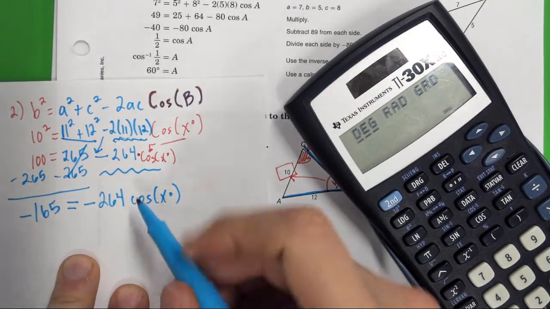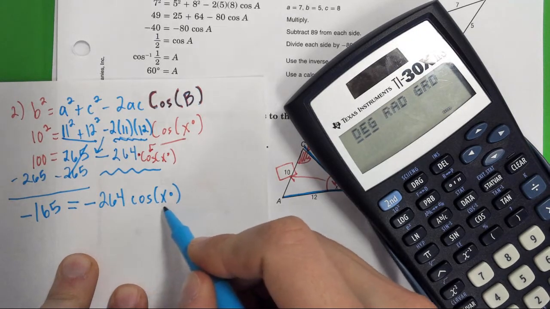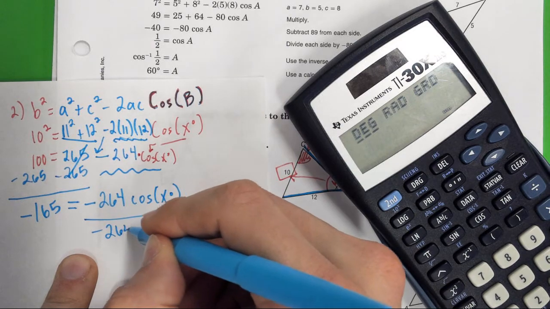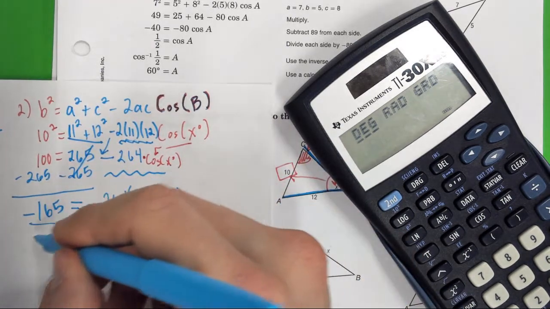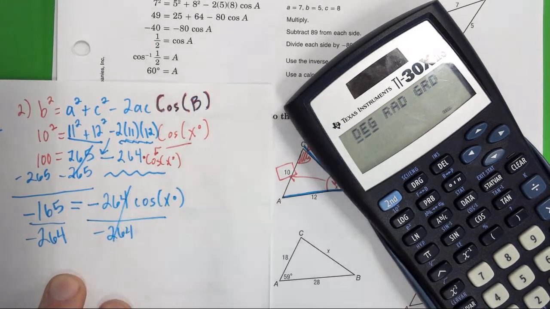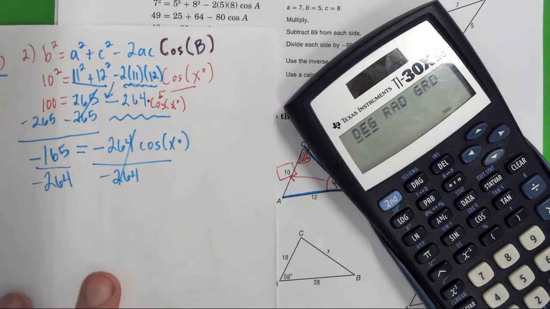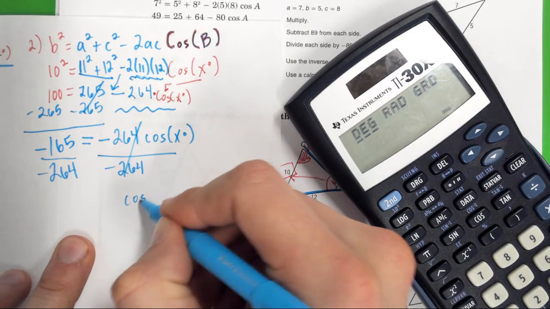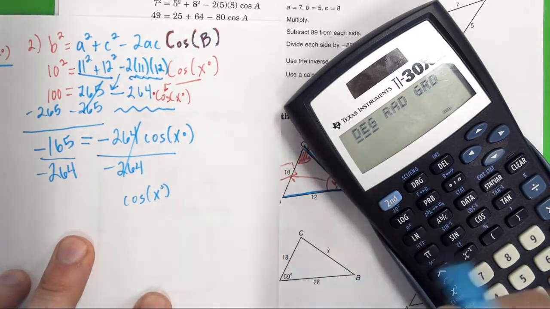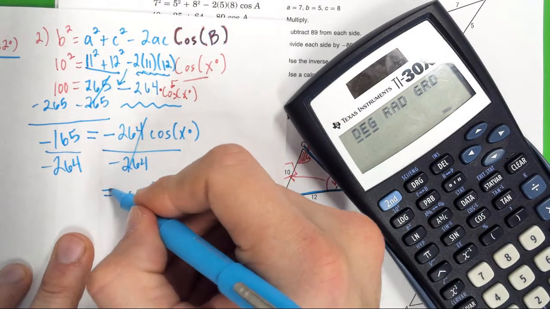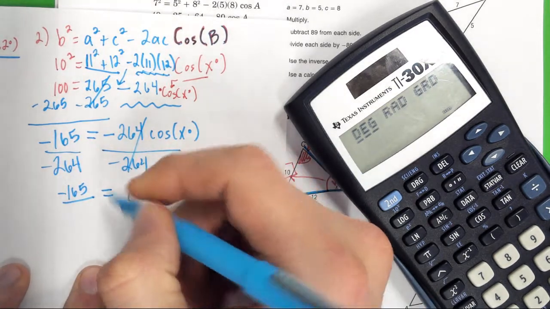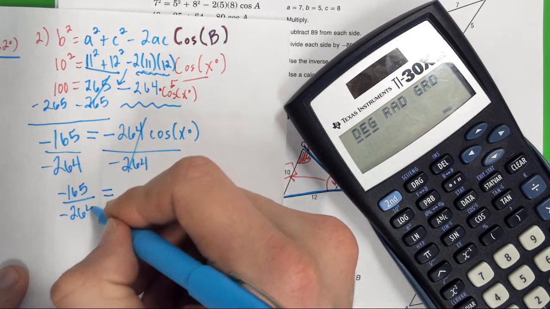So to get all of this together, leave it alone here, divide negative 264 on both sides. And we're left with cosine of x is isolated, is equal to negative 165 divided by negative 264.